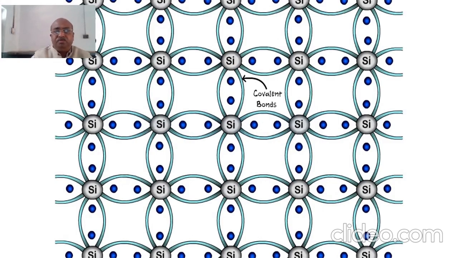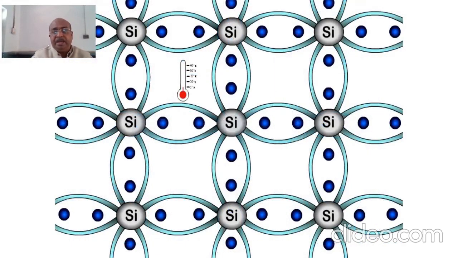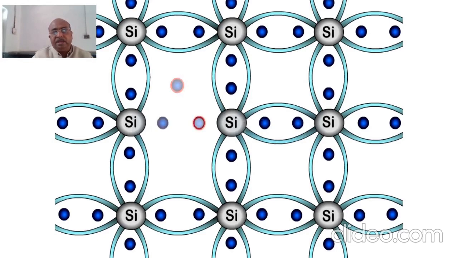These covalent bonds make the structure strong enough so that there is no electron available for the conduction of current. But if we heat it or give some temperature, then what happens? By getting some temperature, one electron gets sufficient energy and it gets out of that bond. The bond is broken and that electron comes out, and similarly a vacant space is created which is called a hole.